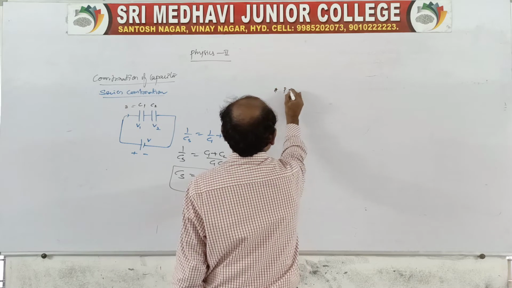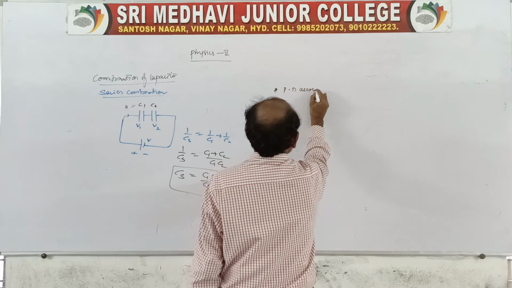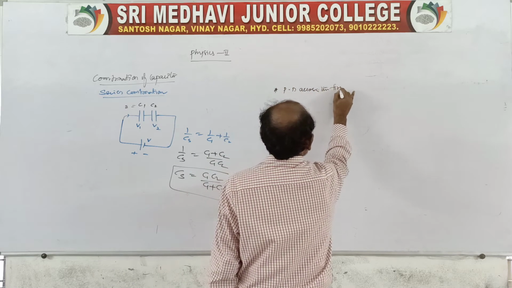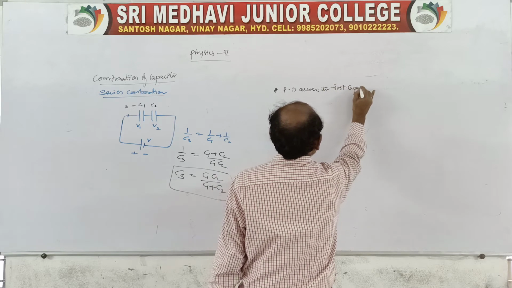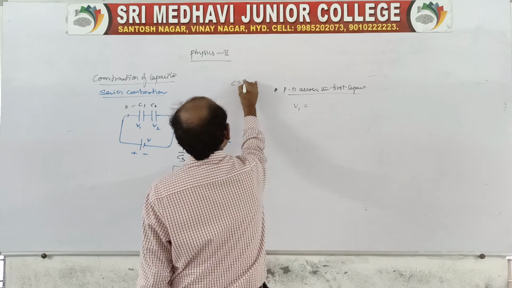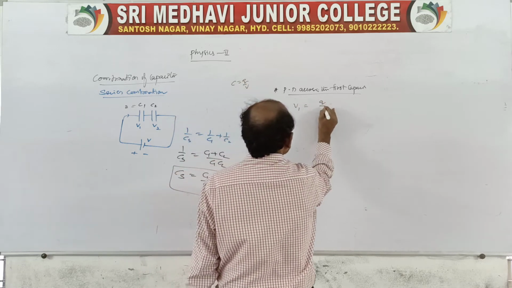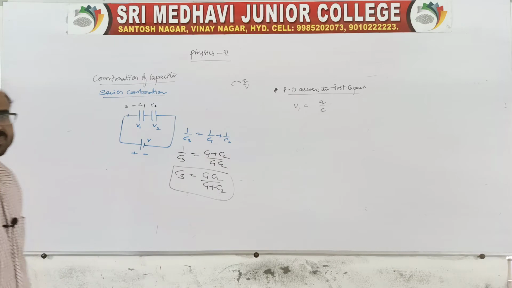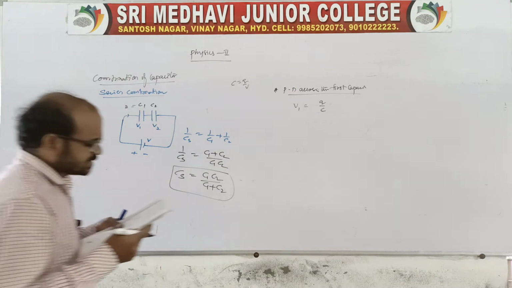First, you take the potential difference across the first capacitor. So V1 is equal to, we know C is equal to Q by V, right? In that you write Q by, because he is asking about the first capacitor. Here what should we take?